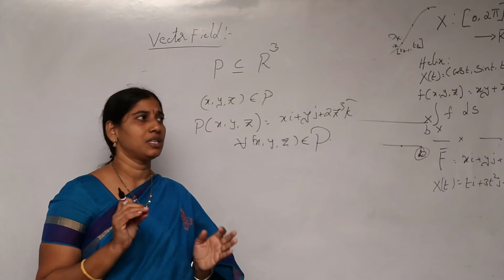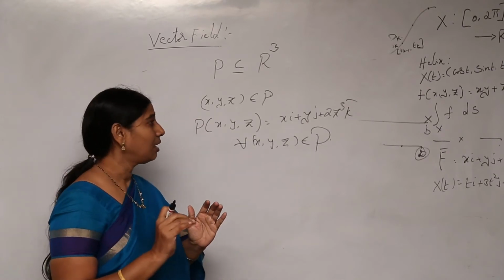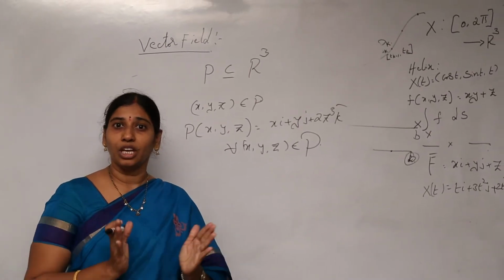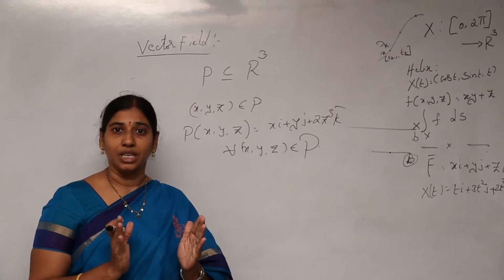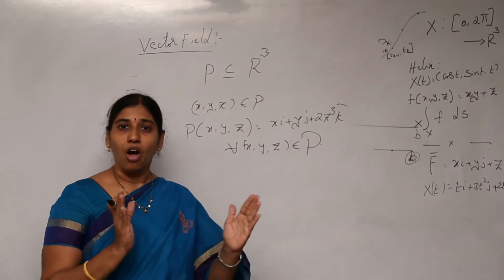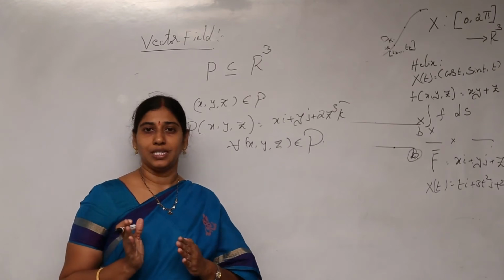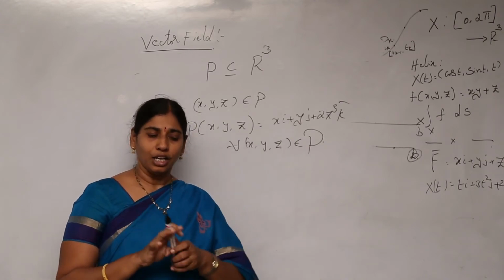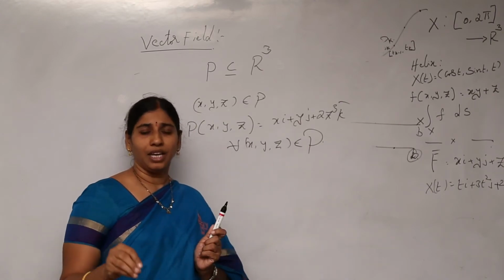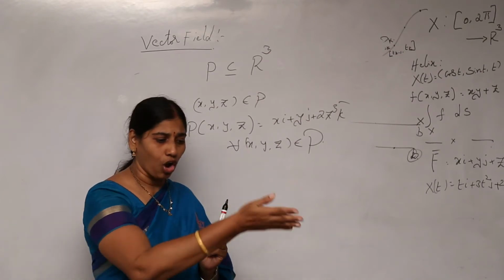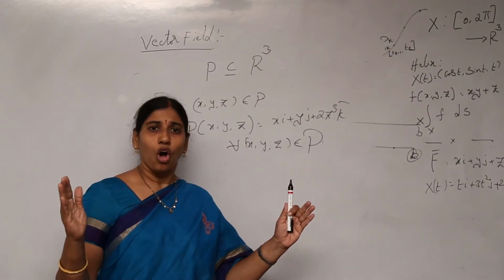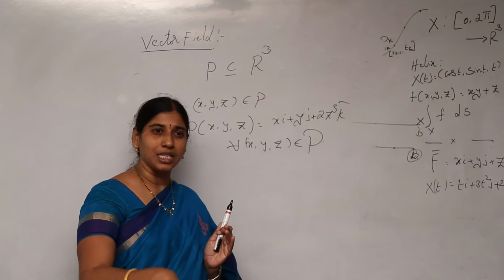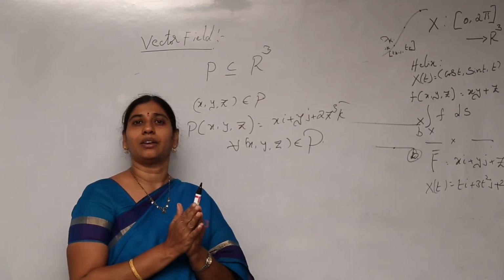What is an example? Say, for example, if you consider the flow of electricity or a magnetic field, you consider the velocity field. All these come under vector fields. If you place a bar magnet in front of us, and if you place some magnetic materials like iron filings around it, what do you observe is all these iron filings in the surrounding area of the bar magnet come and get attracted to the magnet.